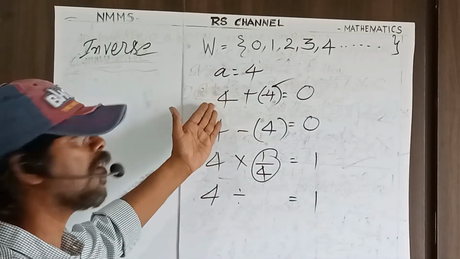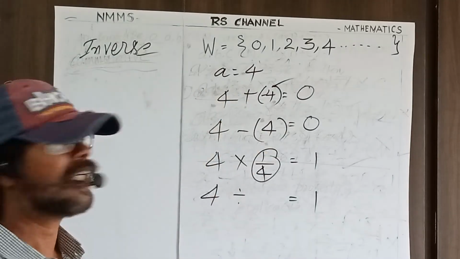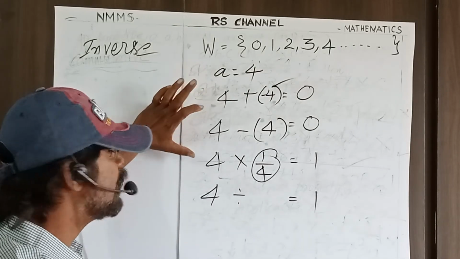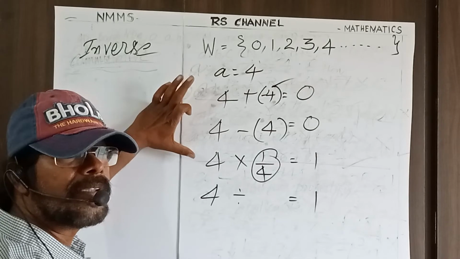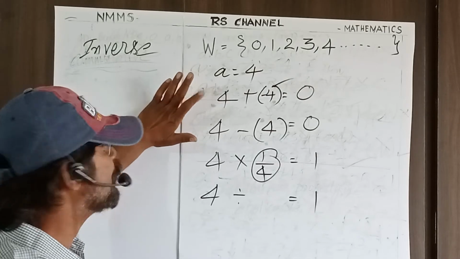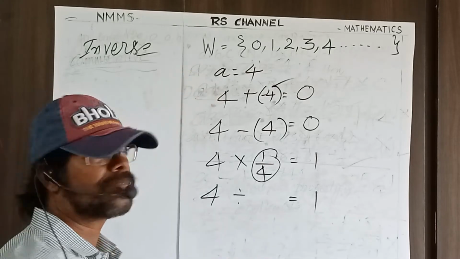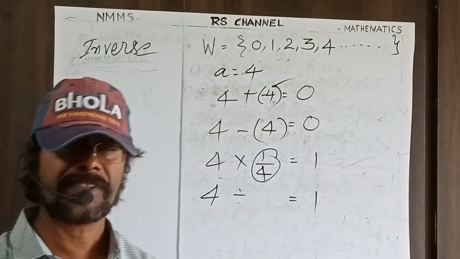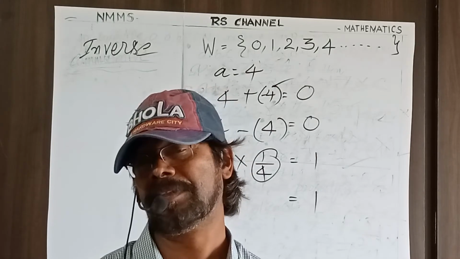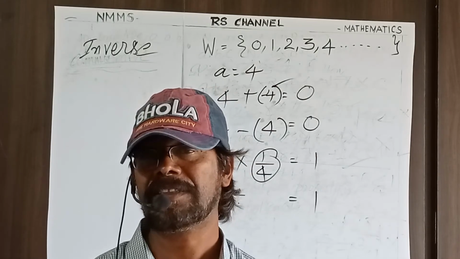Additive inverse of 4 is minus 4. And we observe only for multiplication and addition. Okay, understand?